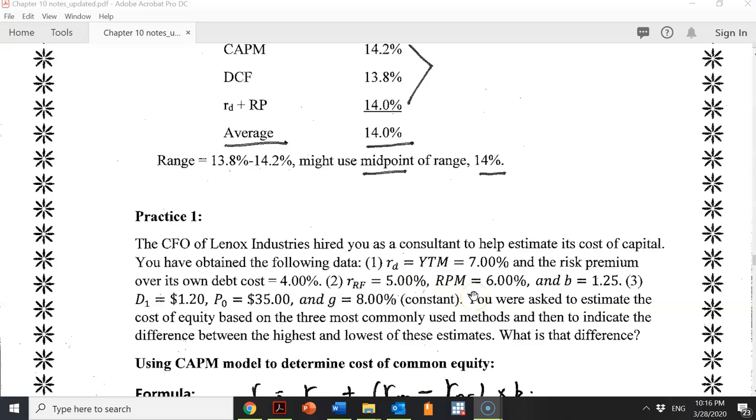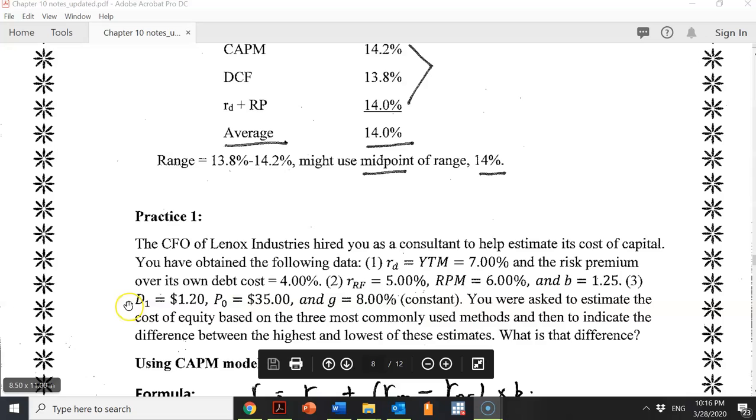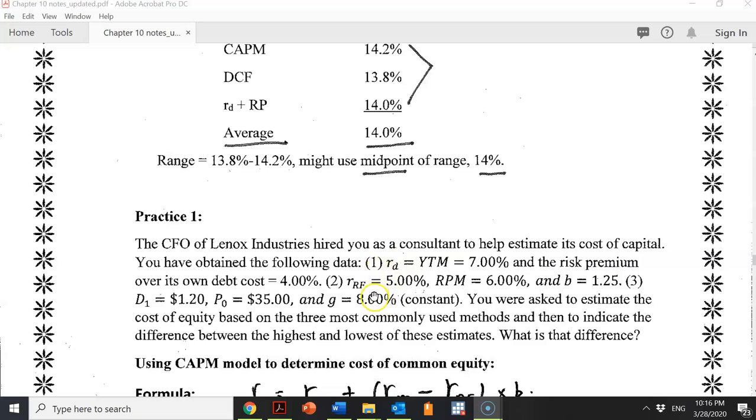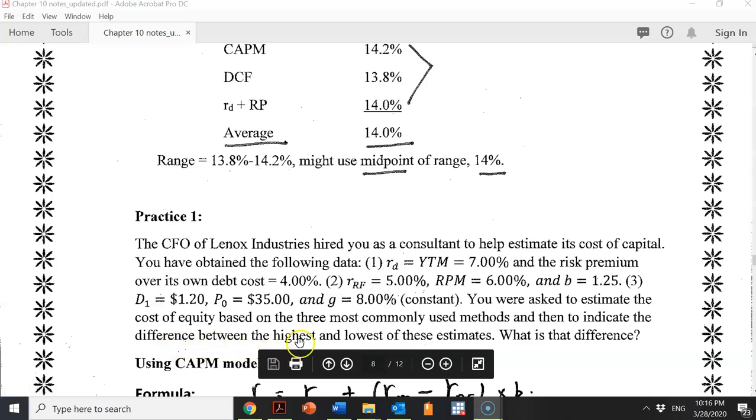For the third group of data, you can use the dividend discount model, constant growth model version. Please calculate cost of common equity based on this information and take the difference between the highest and lowest of the estimates.